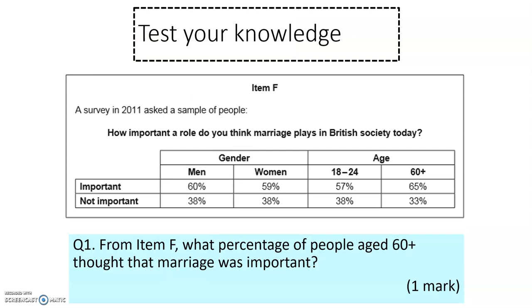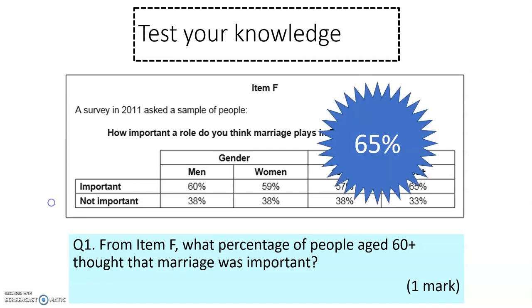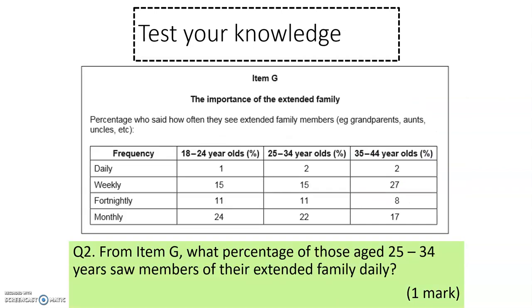As a little test of your knowledge, see what you know from the item, have a go. What percentage of people aged 60 plus thought that marriage was important? I'm going to give you a second to have a think about it. And the answer is 65%. What about this one? From item G, what percentage of those aged 25 to 34 saw members of their extended family daily?